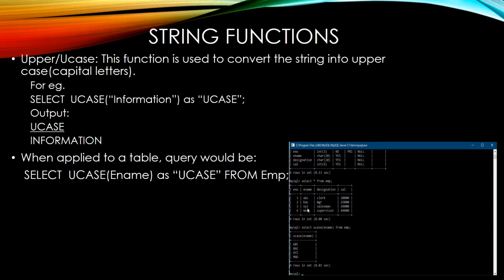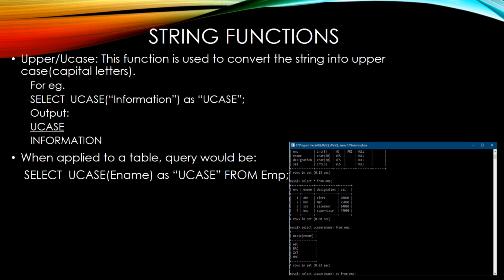All the names are converted to capital letters. One thing more, you can see the heading as ucase ename. This is the heading which is shown in the select statement. If you want to change the heading, then after ucase ename you can use the as keyword for giving the alias name to the heading.